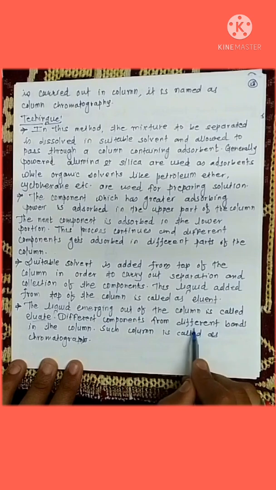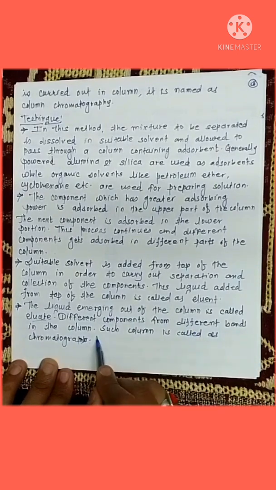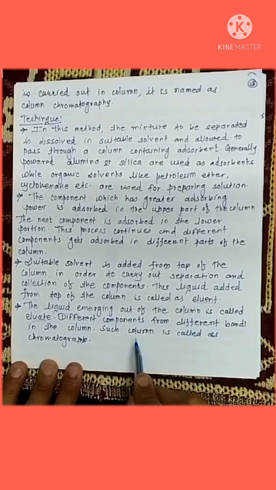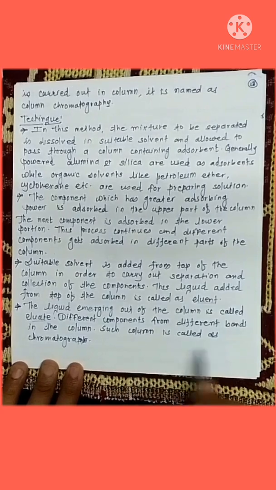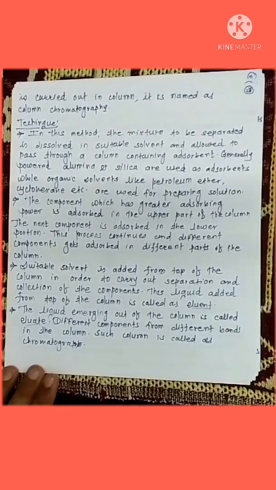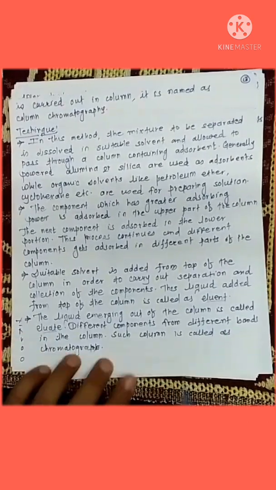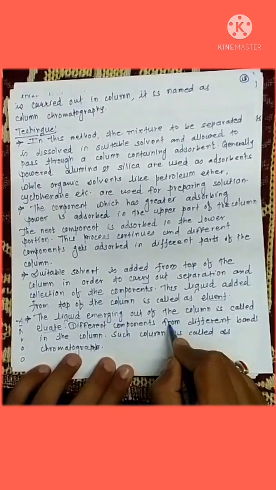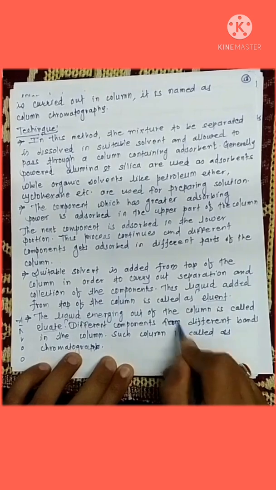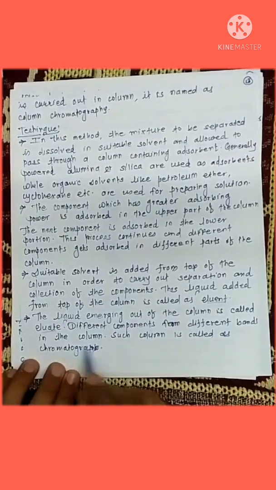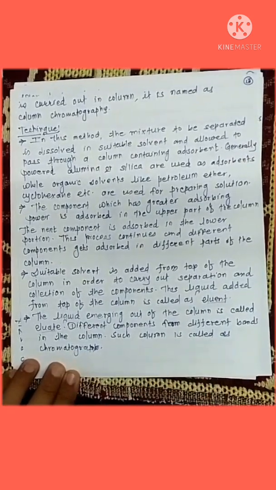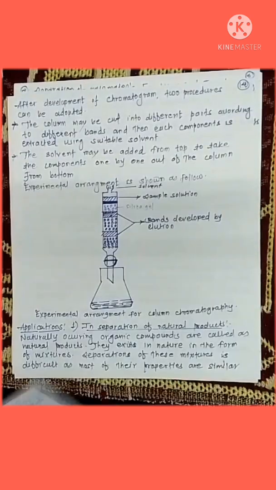Different components form different bands in the column. Such a column is called a chromatogram.